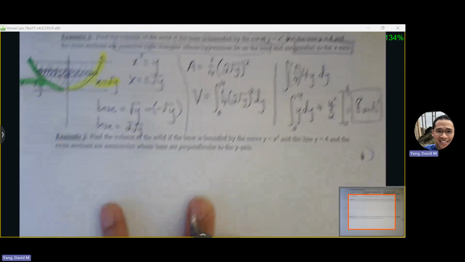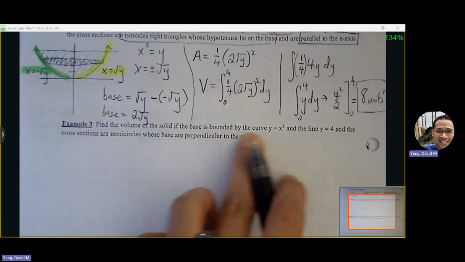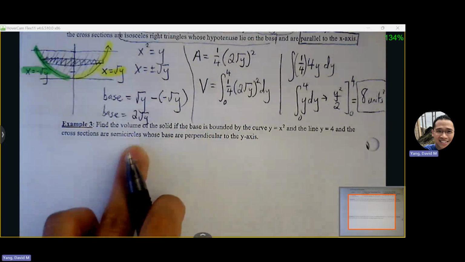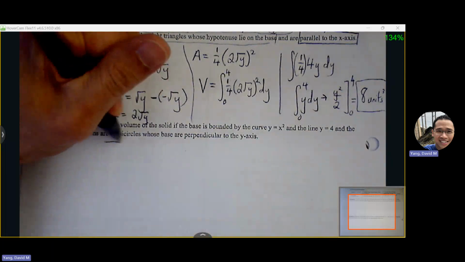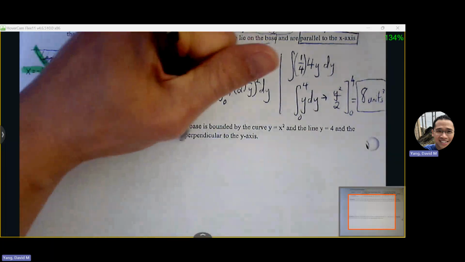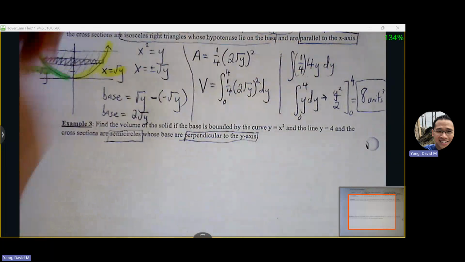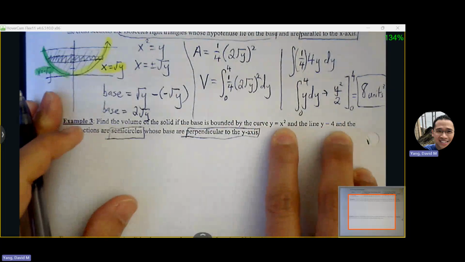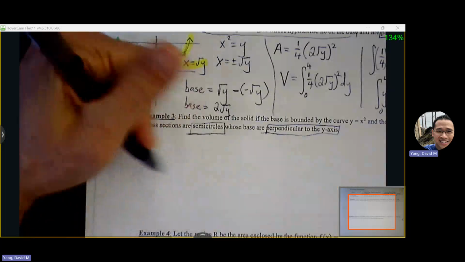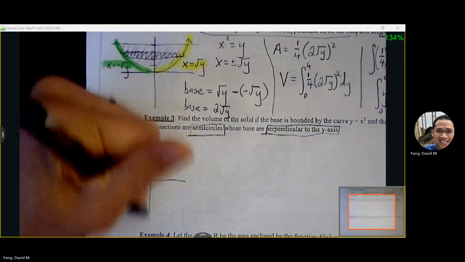Okay, example 3. Find the volume of the solid if the base is bounded by the curve and the cross sections are semicircles. So now we're building semicircles whose bases are perpendicular to the y-axis. Actually, if you look, it's the same equation, same curve here. So we'll graph the curve.